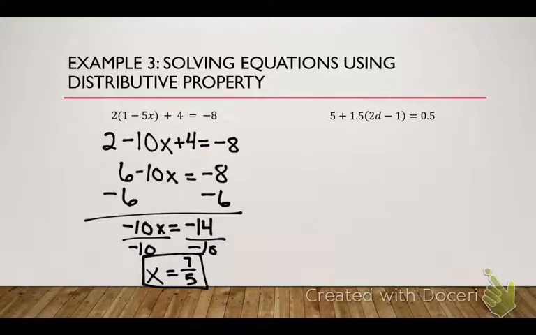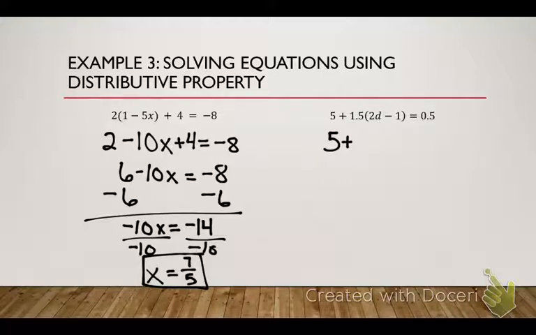So a common mistake that I'm seeing is, did you add first? I know a couple people, I saw your paper. We don't add first because order of operations says we have to multiply. You have to get rid of our parentheses first. So we're just going to bring that 5 down. 5 plus, what's 1.5 times 2d?